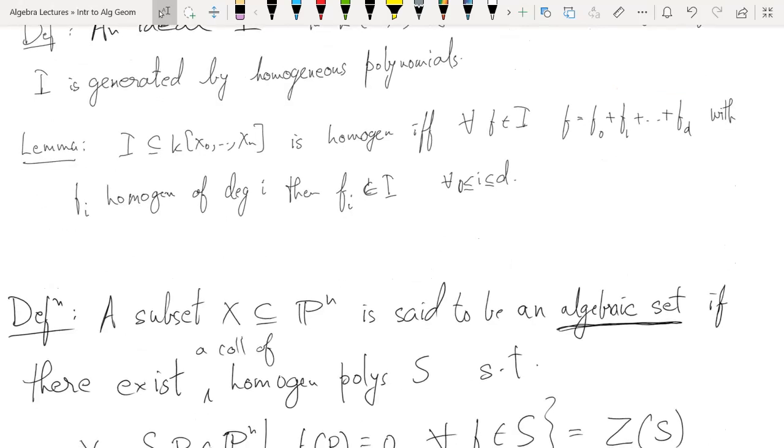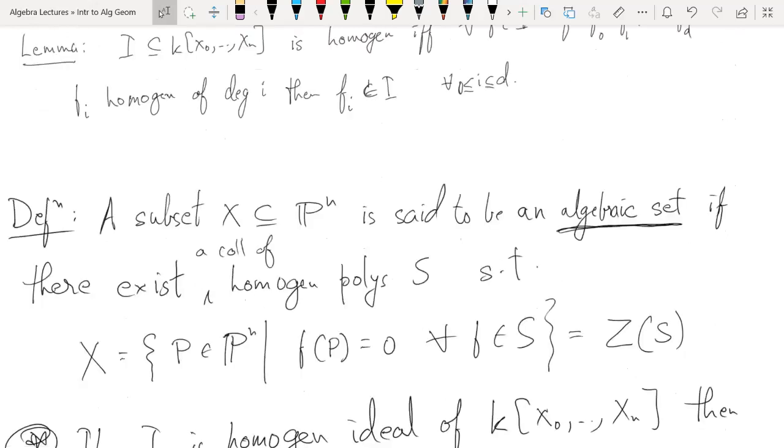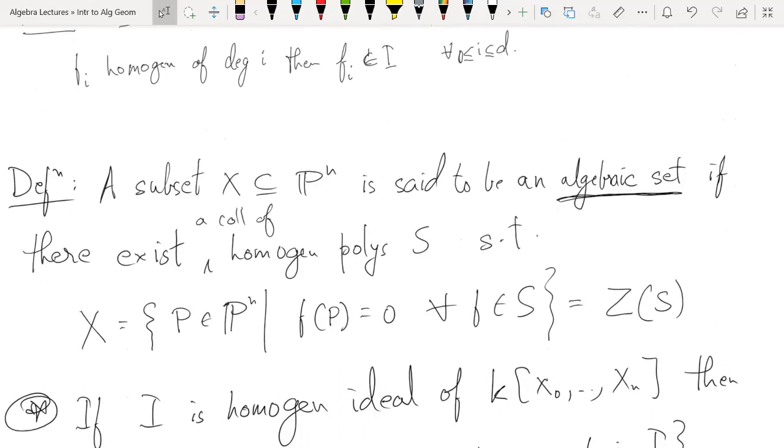Then, as I said, algebraic subsets of Pn are given by zero sets of homogeneous polynomials. And we saw that for a homogeneous polynomial, if it vanishes at some point p of Pn, remember, Pn is the same as A^(n+1) modulo the equivalence relation.